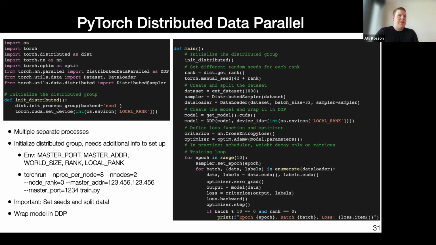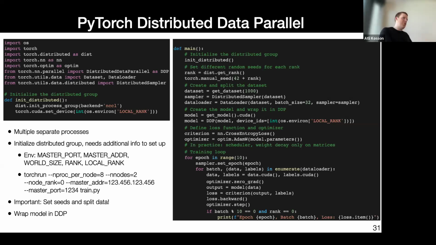We have to basically tell these processes how to find each other because they need to communicate. And there are a few different ways of doing this. One is through environment variables in the operating system. There's one process which we call the master process.